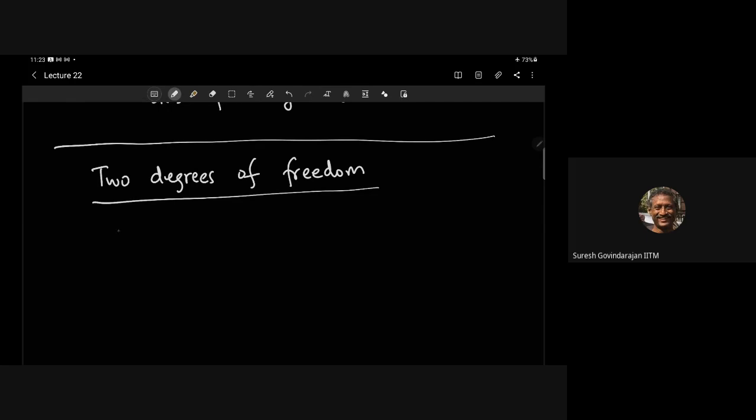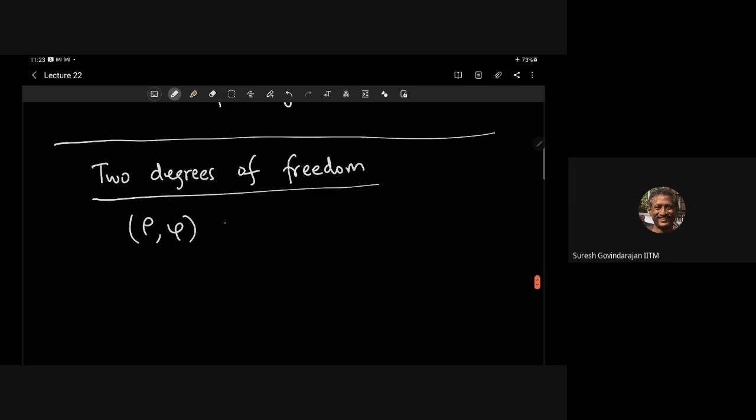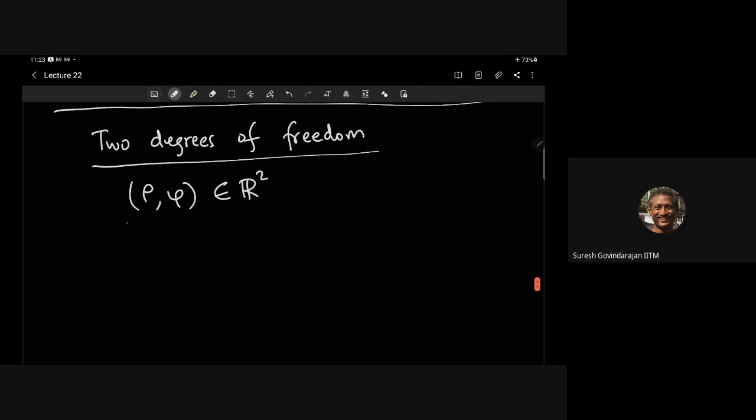Okay, so let me do this. I'll choose the degrees of freedom to be rho and phi. So these are like polar coordinates on R2. This is my coordinates, and in phase space p rho and p phi are the conjugate momenta.